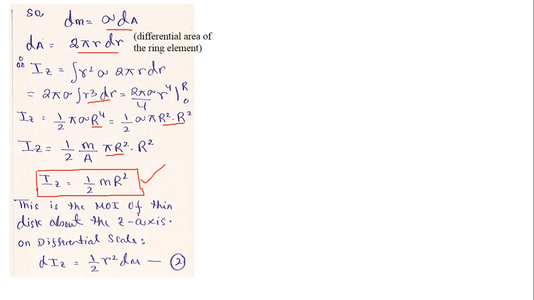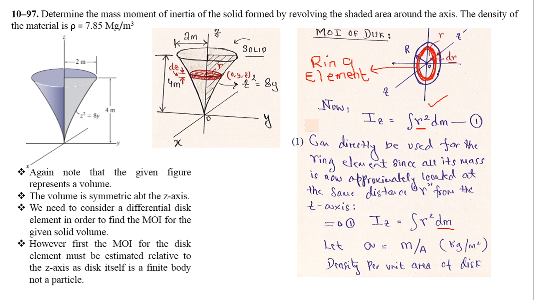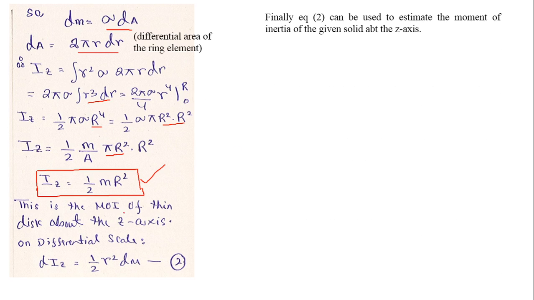So this is the moment of inertia of a thin disk about the z-axis. Now, since I am using this disk as my differential element to approximate the moment of inertia of this solid body given to me, I have to use this formula at differential scale. So at differential scale, I just have to apply d here. dIz equals half r square dm, because in my original problem the disk has a radius of small r.